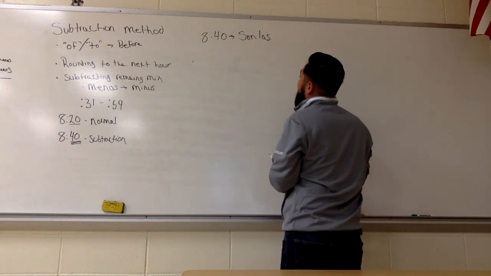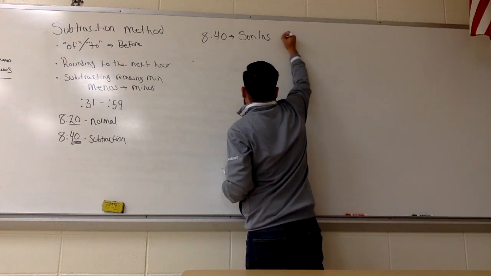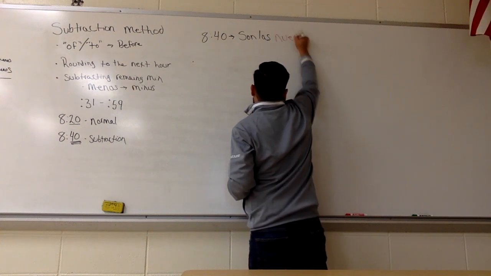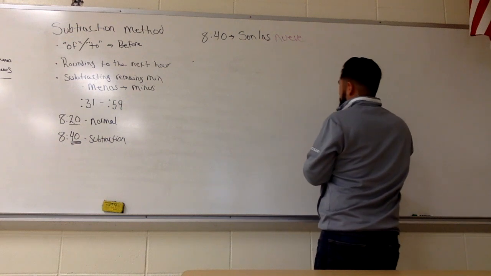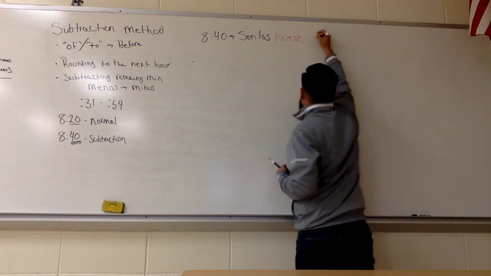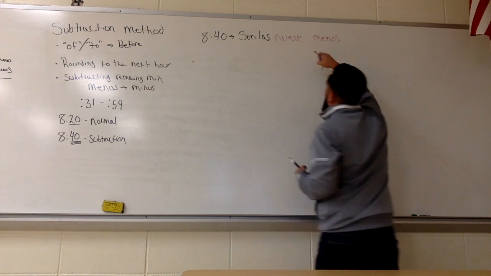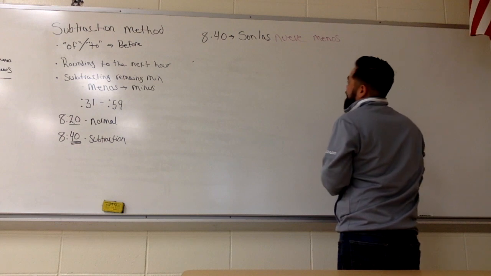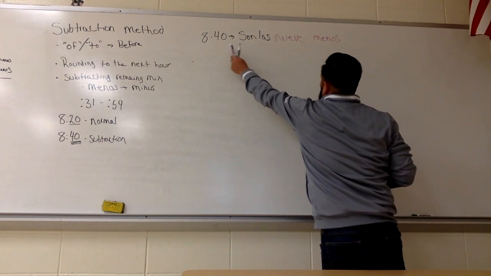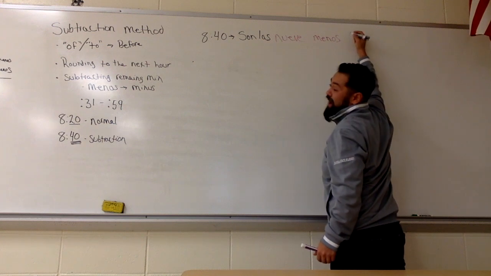Now I'm rounding up to the next hour. Next hour after 8 is 9 o'clock. Son las 9. And then I'm literally going to say, instead of E, I'm going to replace the E with menos to give me my minus. And then my remaining minutes until the next hour, all right, is 20.